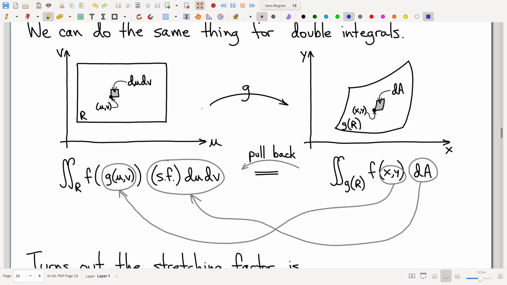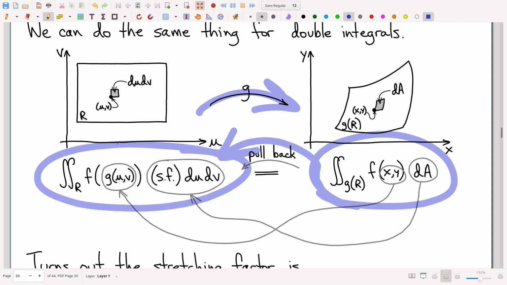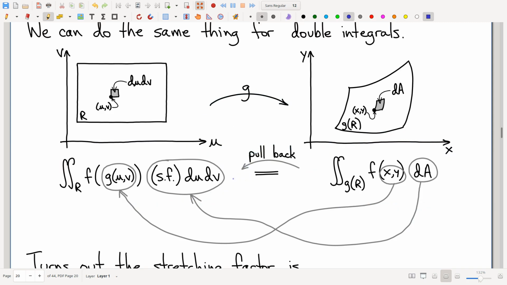If we have a function going one way, we would hope and expect that an expression, such as an integral, would go the other way. Namely, it would pull back. Notice this means, just like it did for substitutions, that whatever the domain is for the integral that you're going to start with on the right-hand side, that needs to be the image of some other domain on the left.